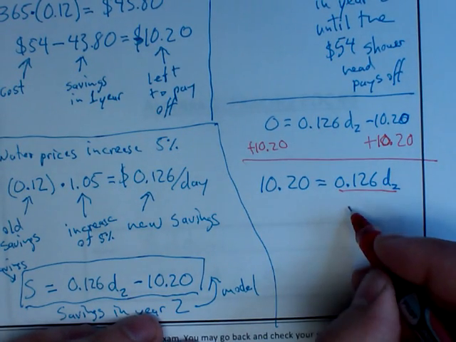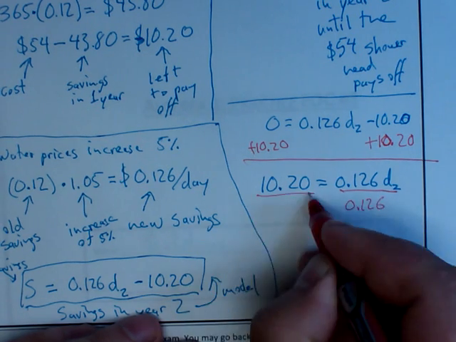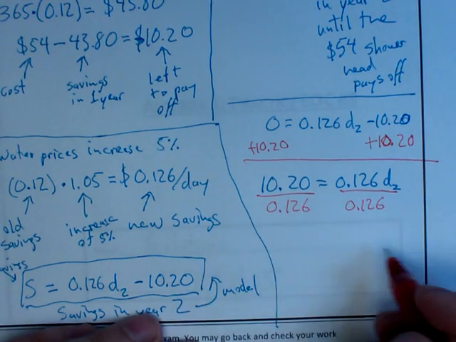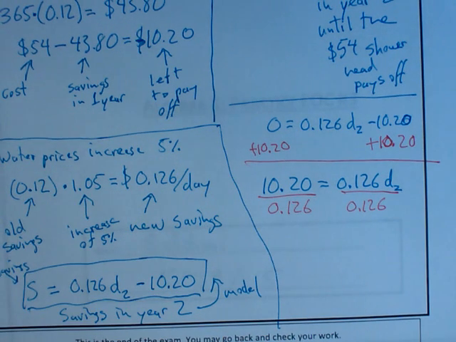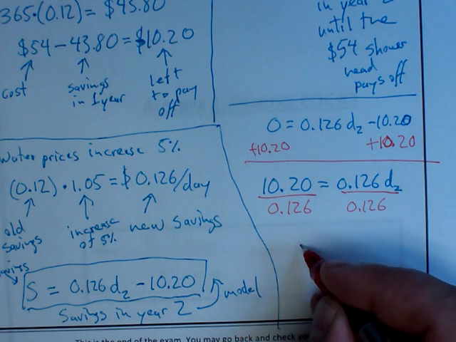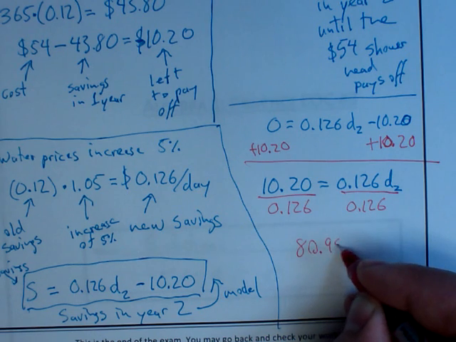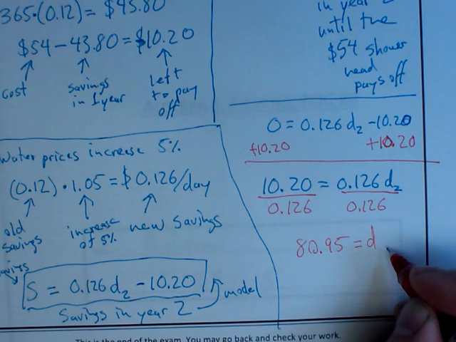Divide both sides by 0.126. I get 80.95 equals D sub 2.